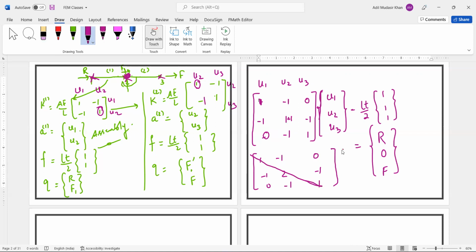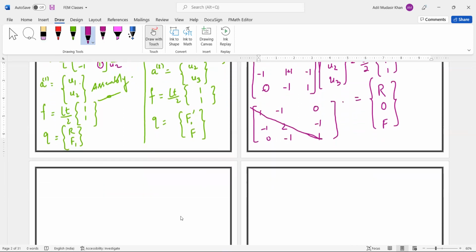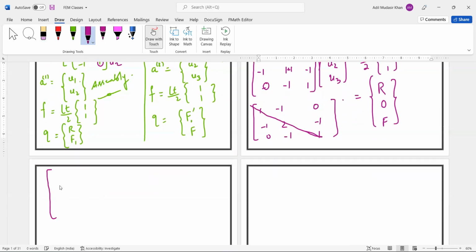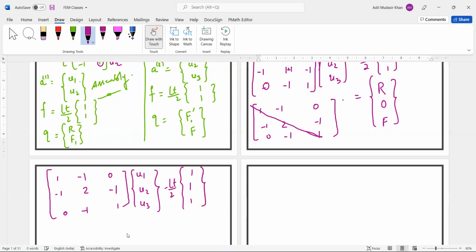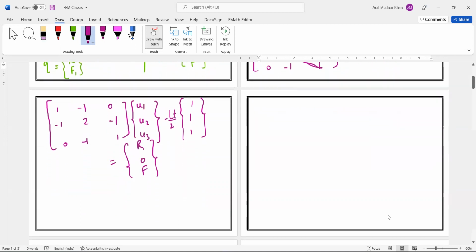So let me write it over here. This is 1, -1, 0, -1, 2, -1, 0, -1, 1, multiplied by U1, U2, U3, minus LT by 2, 1, 1, 1, is equal to R, 0, F. So this is the total matrix equation, the FEM equation.